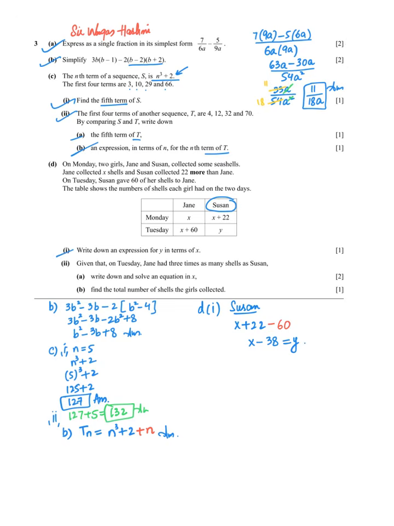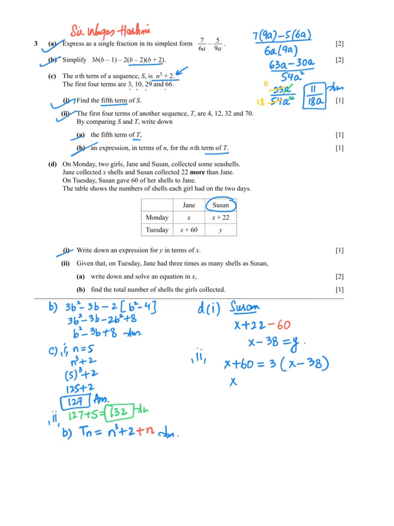For the second part, it says, given that on Tuesday Jane had 3 times as many shells as Susan, write down and solve an equation in X. So the number of shells Jane had is 3 times what Susan has. Jane has X plus 60, and this is 3 times X minus 38.